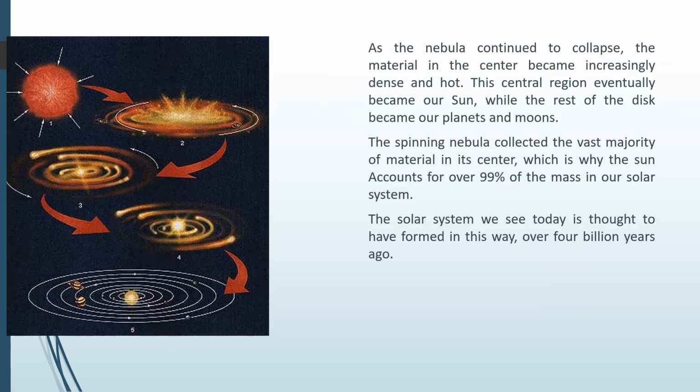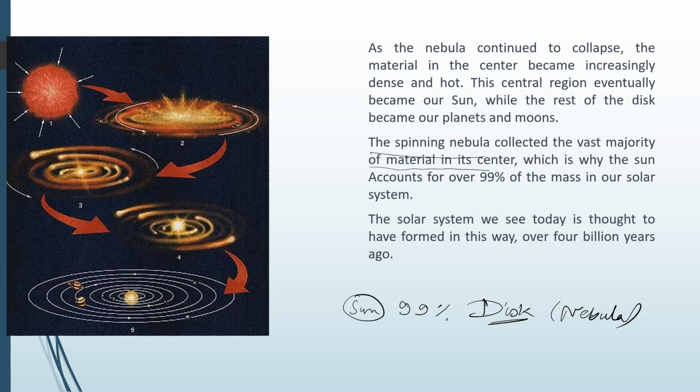After the formation of the sun, the spinning nebula collected the majority of material in the center. In the sun, the majority of material got collected. How much? Almost 99% of the disk nebula, 99% of the material has been collected by the sun.